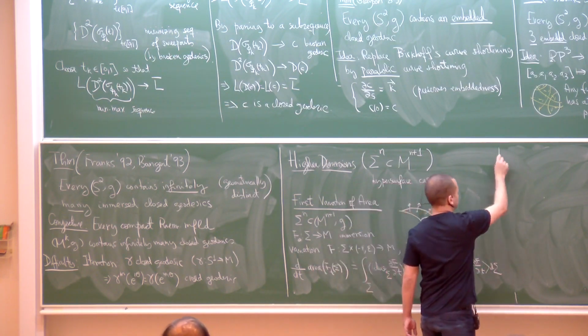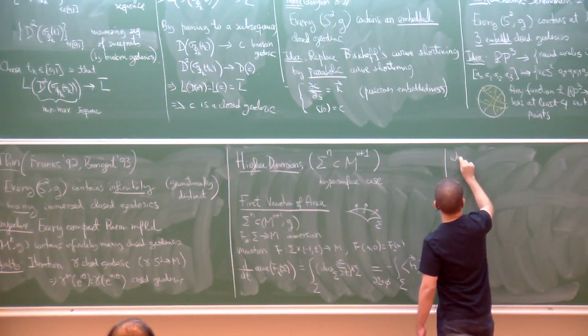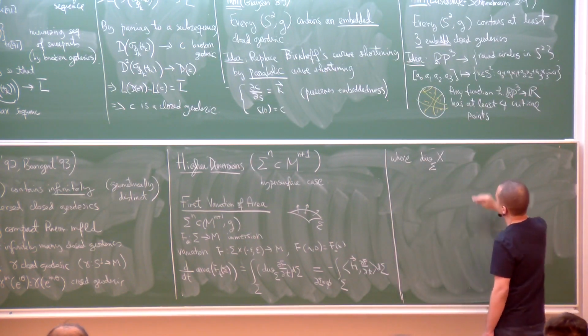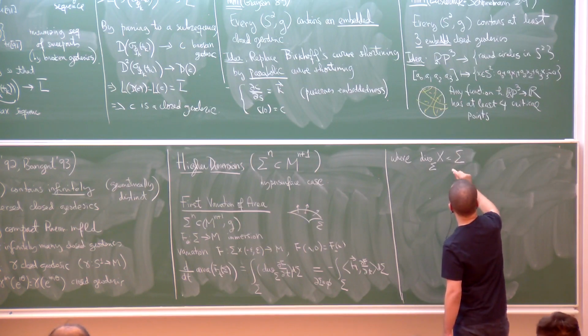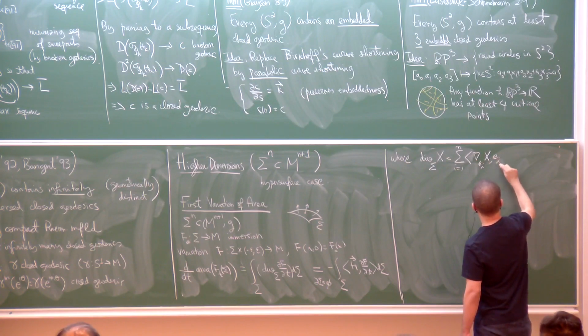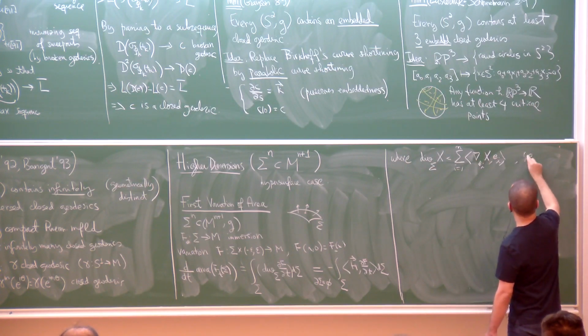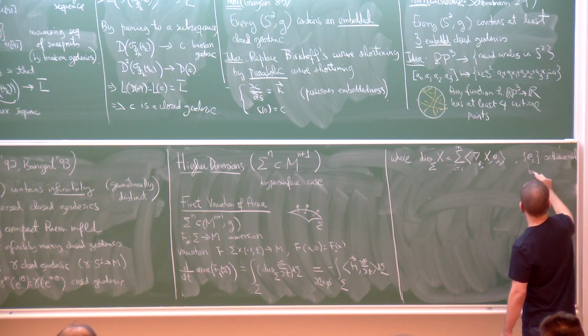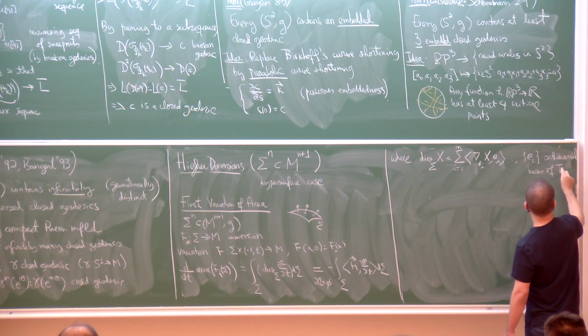So here, the divergence of a vector field X over a hypersurface is given by the sum from 1 to n of the following expression: you differentiate X with respect to e_i, take the scalar product with e_i, where e_i is an orthonormal basis of the tangent space to sigma.